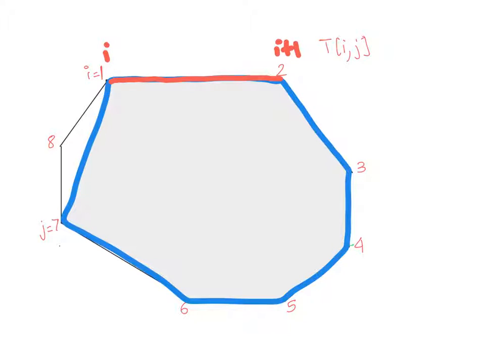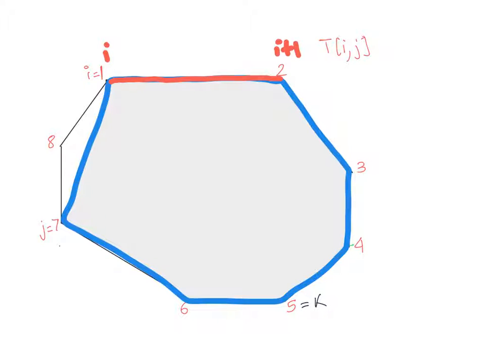And so let's see what the third vertex of this triangle is. Let's say the third vertex of this triangle is k, and we don't know where the third vertex is in the optimal triangulation, but let's just say k is somewhere here. So this is k.